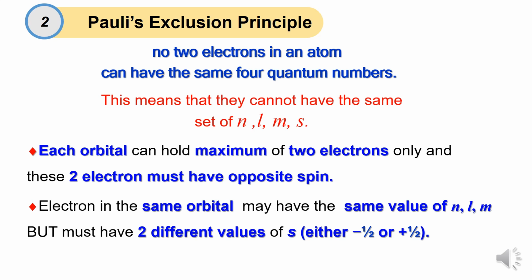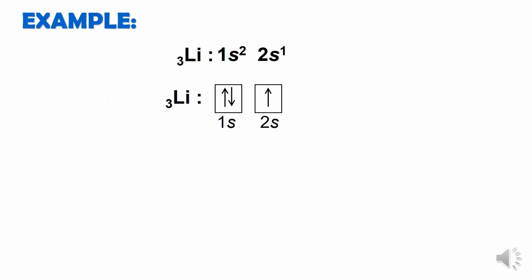Electrons in the same orbital may have the same value of n, l, m, but must have 2 different values of s, either negative half or positive half. Let's look at lithium. Lithium has proton number equals to 3. So the SPDF notation for lithium is 1s2, 2s1.